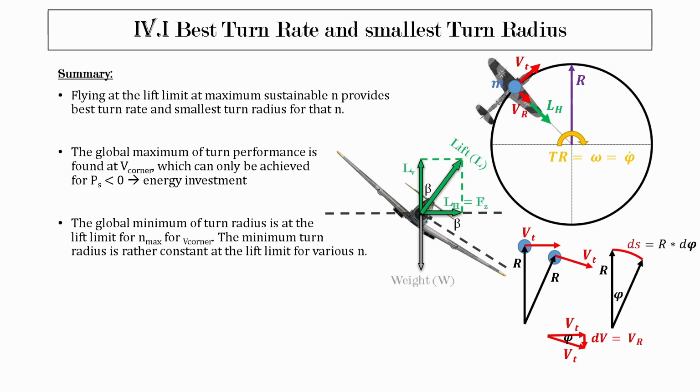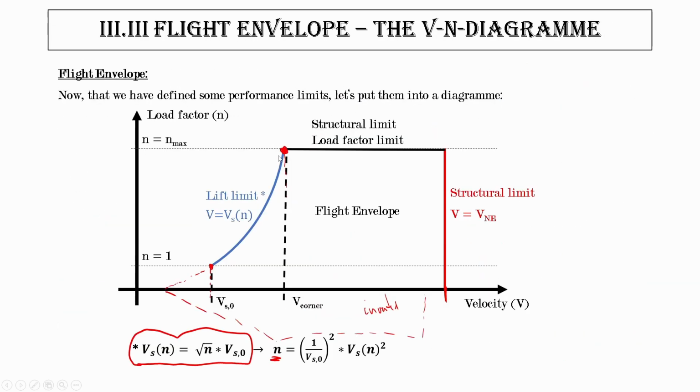So we would go to 6G, and then calculate our stall speed for 6G. We would go exactly to that speed, and that is what our corner speed is. And we've learned this when we were looking at the VN diagram.